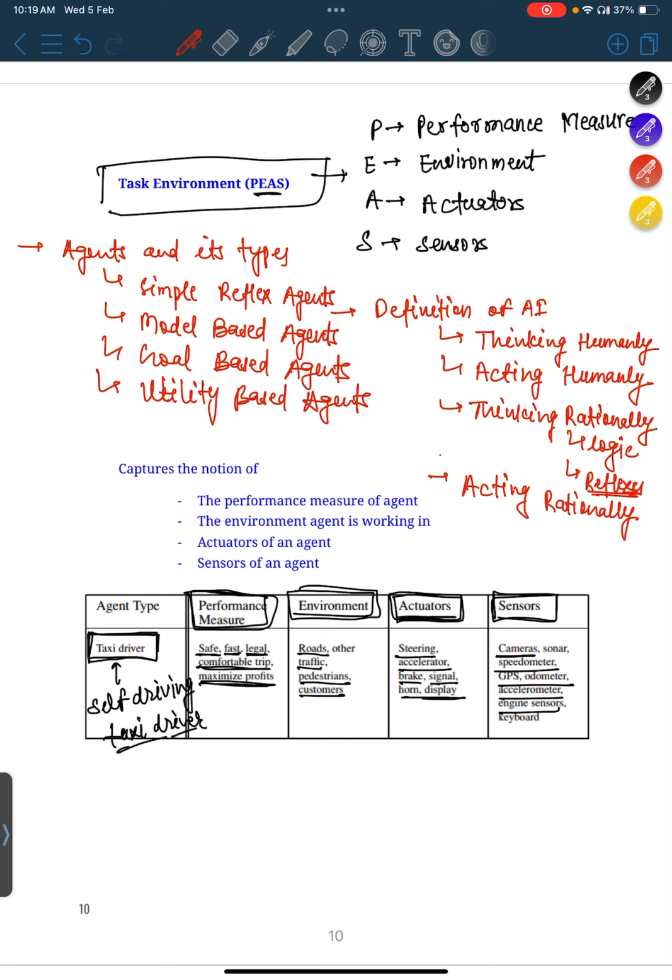Then we talked about the task environment or PEAS: performance measure, environment, actuators, and sensors. So this is all for the first lecture.